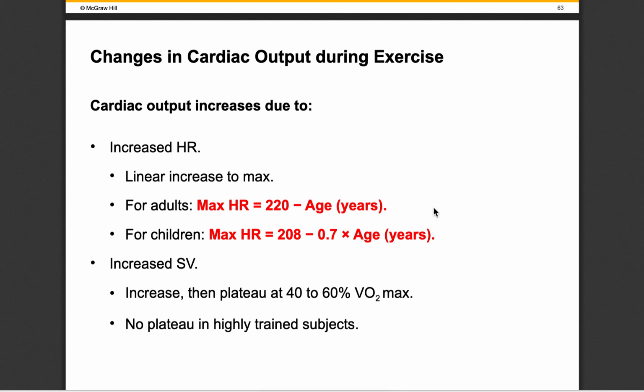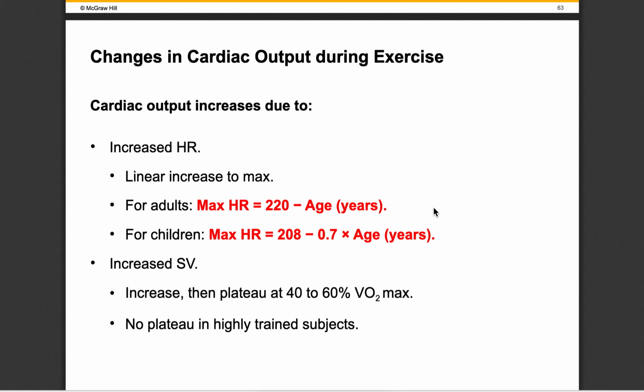The other thing is stroke volume. The stroke volume we talked about changing increases during exercise through all those components. But stroke volume actually stops increasing at around 40 to 60% of your VO2 max. So it does plateau in most individuals. Highly trained subjects might see no plateau.